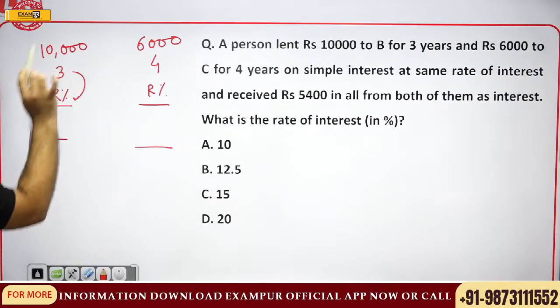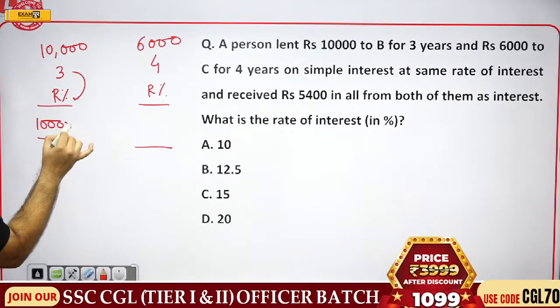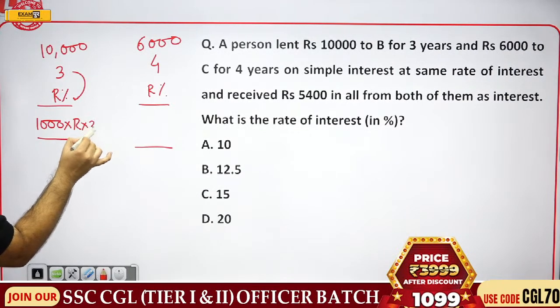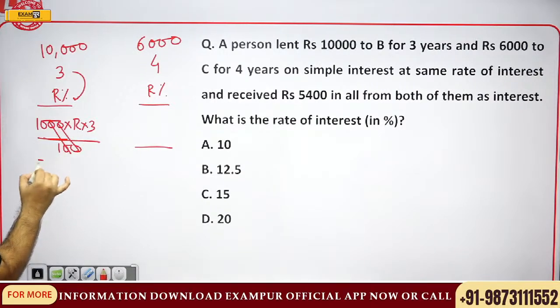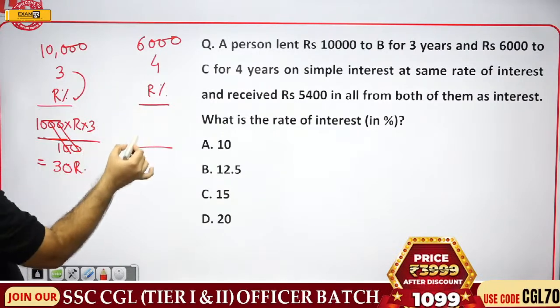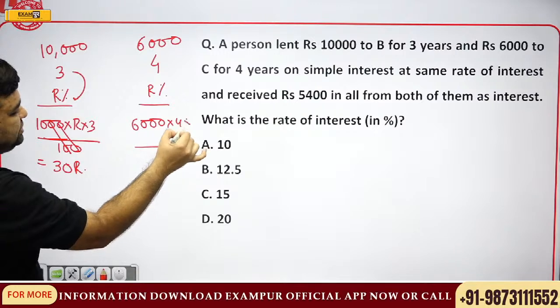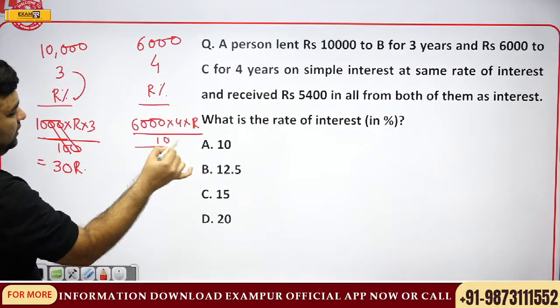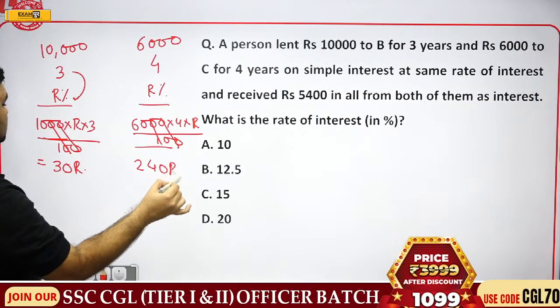RT percent of principal, or you can say PRT over 100. It's a little bit big, but okay, let's take it: 30R. And what is the interest from here? PRT over 100, 240R.